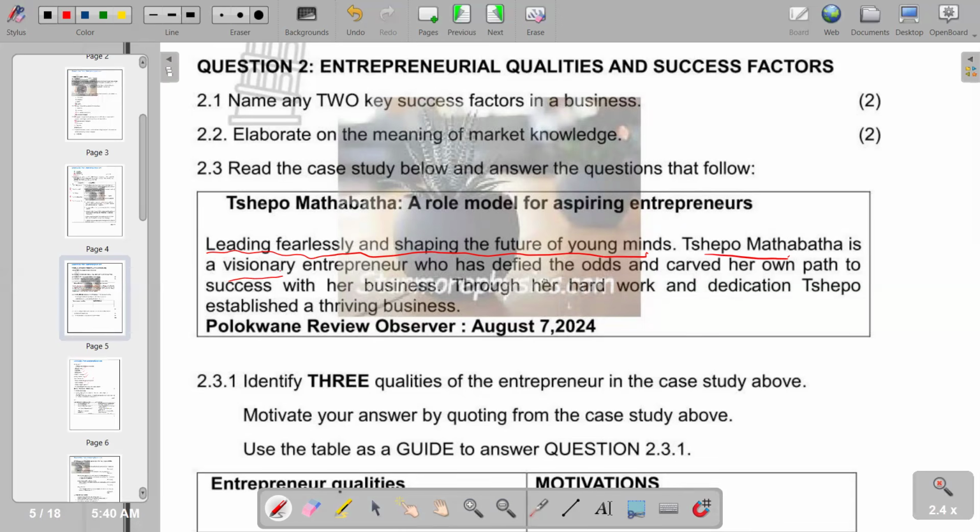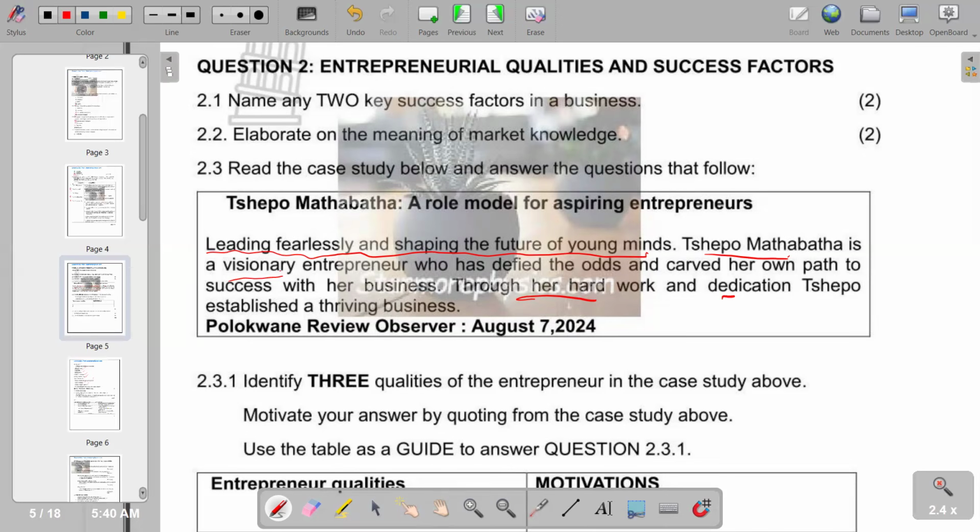So we check again. What do we have? It reads through hard work and dedication, which is a high degree of commitment. Yes, there is dedication, so there's a high degree of commitment, which is also a quality of an entrepreneur.